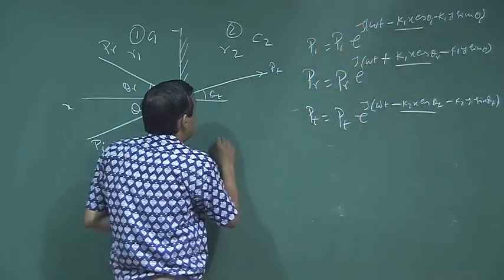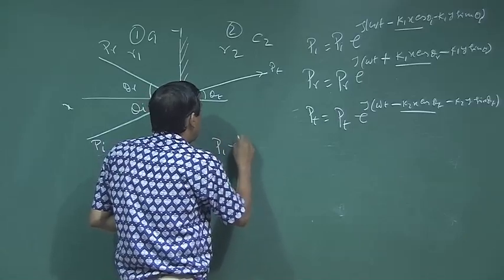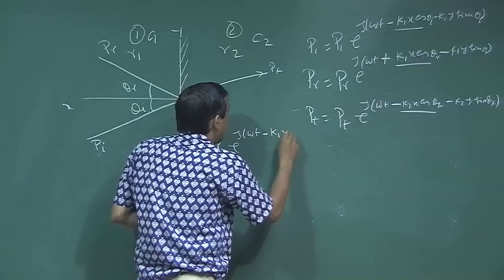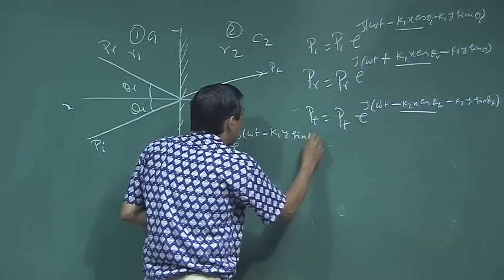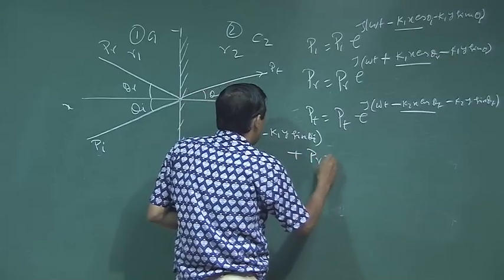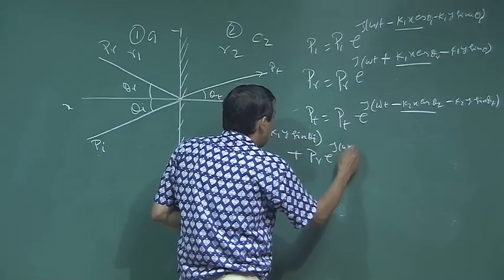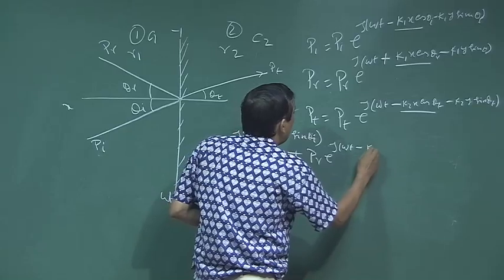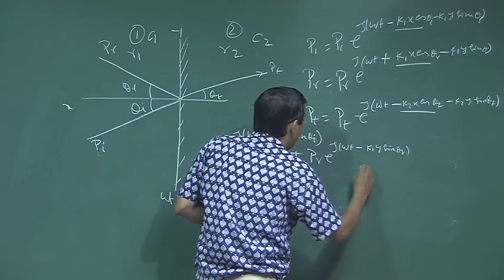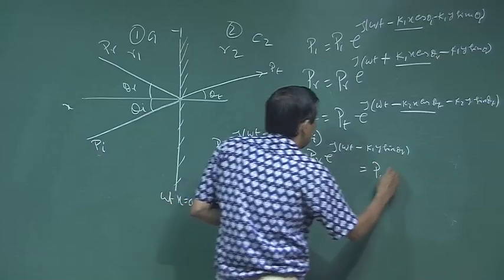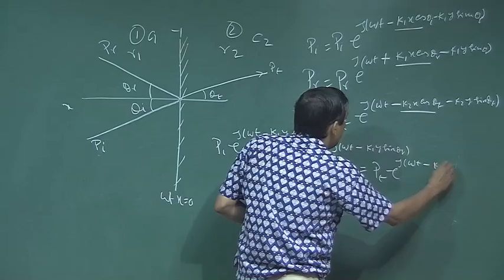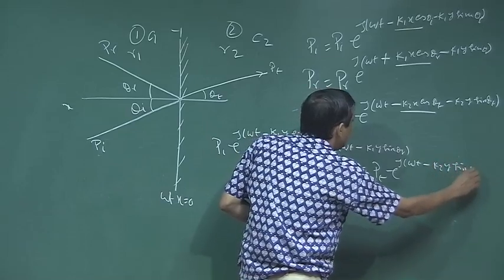So I can write Pi e to the power j omega t minus k1 y sin theta i plus PR e to the power j omega t minus k1 y sin theta r is equal to Pt e to the power j omega t minus k2 y sin theta t.